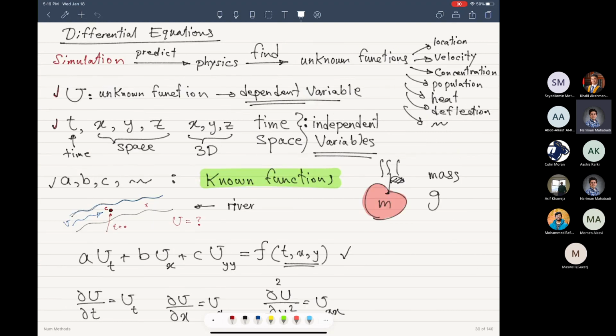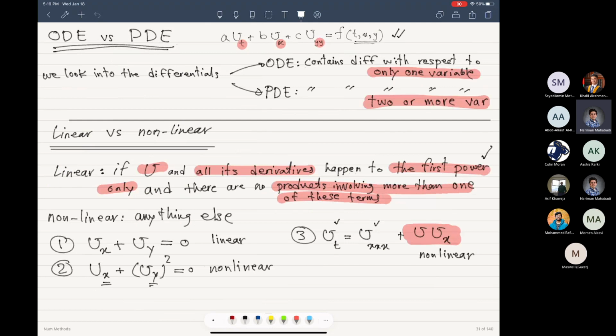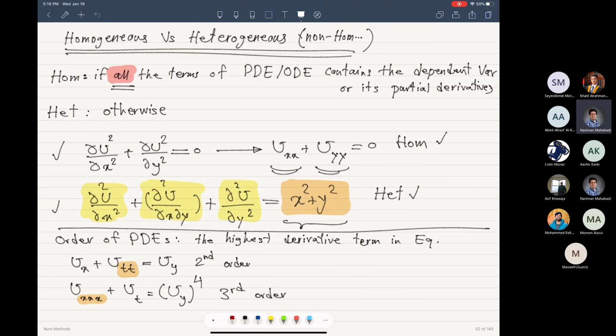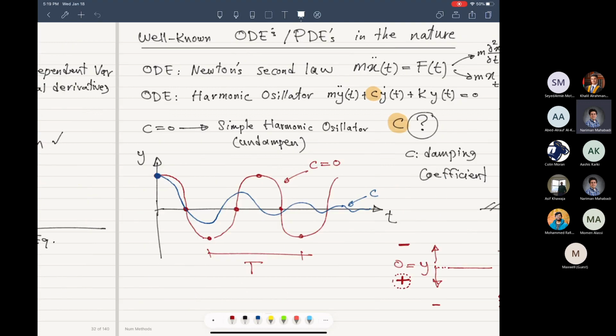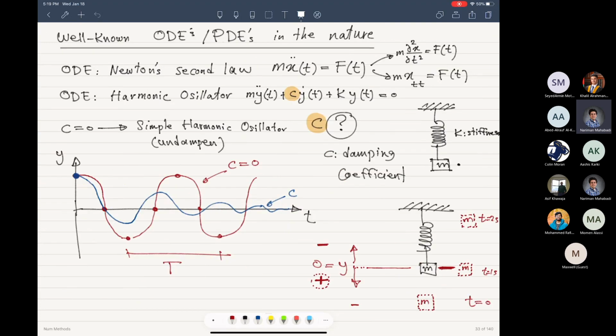We talked about different differential equations, different types of ODEs and PDEs, what is homogeneous versus heterogeneous, for example, or what are different well-known ODEs and PDEs in nature.